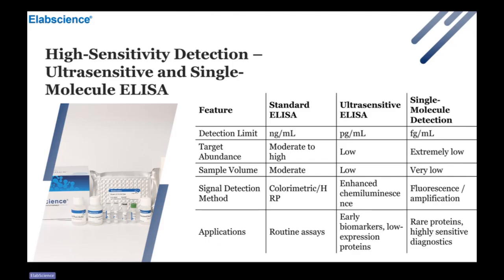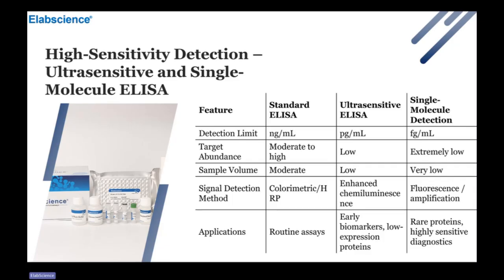Now, high sensitivity ELISA techniques allow the detection of extremely low abundance proteins; it is ultra sensitive. A single molecule ELISA can quantify proteins in the femtogram range. This is critical for early biomarker discovery, low expression targets, and sometimes clinical diagnostics as well.